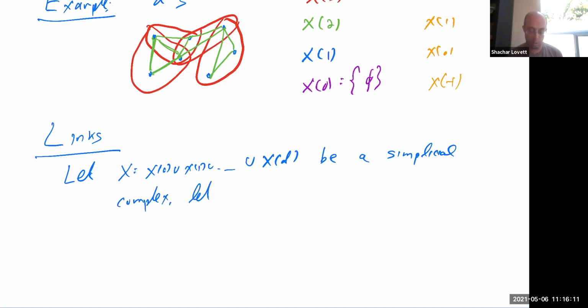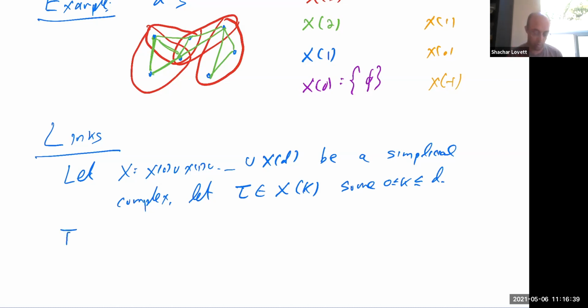And let's choose some face, let's say tau in X_k for some k between 0 and d. We're going to take this face tau, this set of k elements, and we're going to look at all of the faces that contain tau.